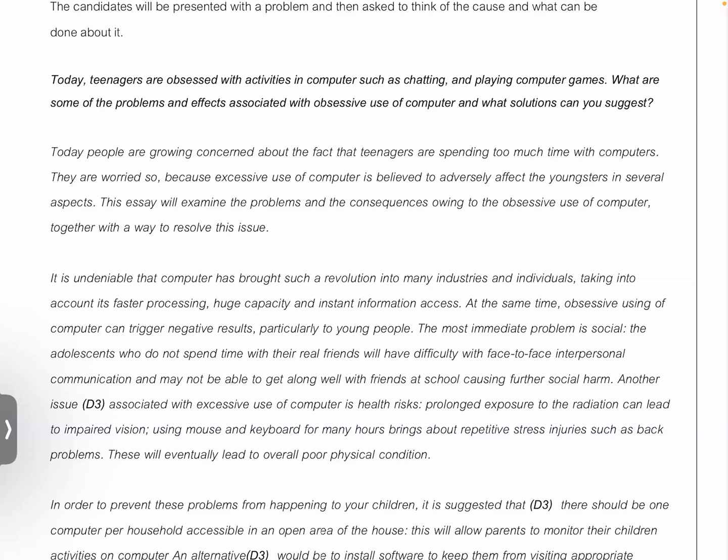Okay. So let's read the next paragraph. It says, it is undeniable that computer has brought such a revolution into many industries and individuals, taking into account its faster processing, huge capacity, and instant information access.